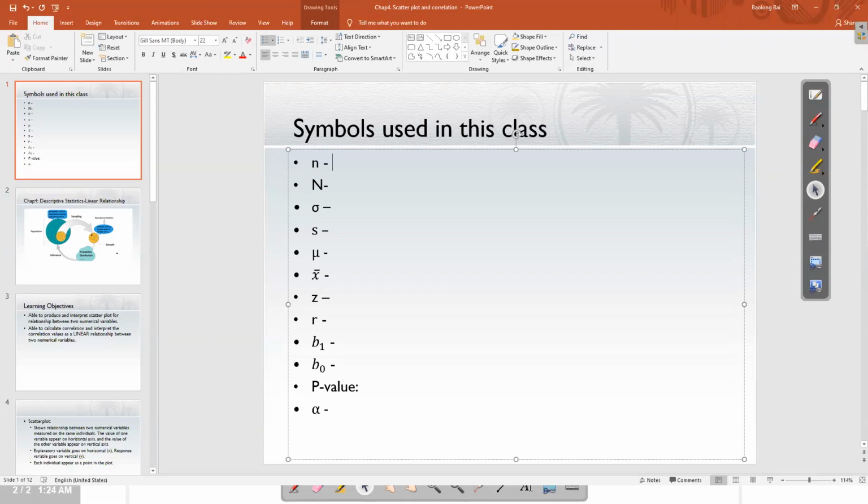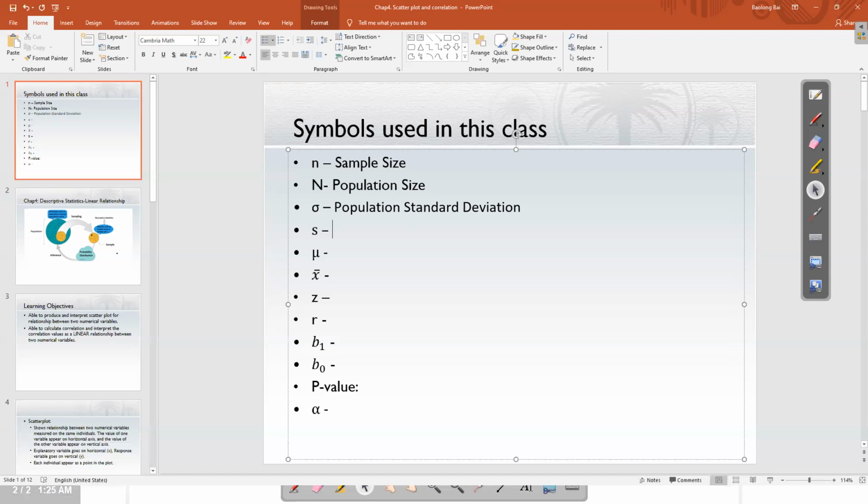So small n, anytime you see a small n in statistics, that's referring to the sample size. How many individuals are there in the sample? And the big N is always the population size. So for the population of interest, how many individuals are there? This is sigma. Sigma is the population standard deviation.